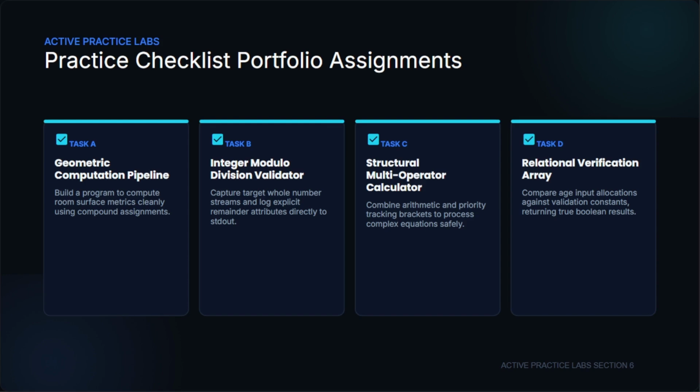Then you have to do an integer modulus division validator, where the remainder goes directly to output. Then combine arithmetic and priority tracking brackets to process complex equations safely, and then you need to do the comparison one. So basically you do the A, C, and D ones.